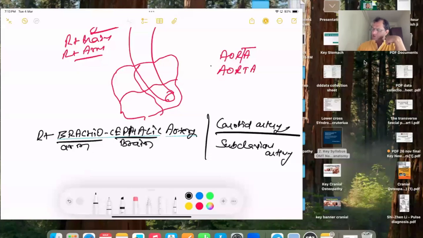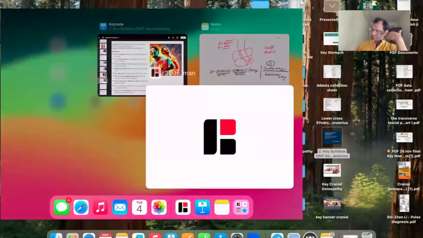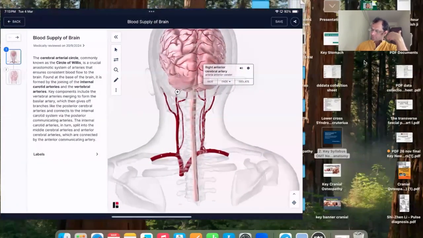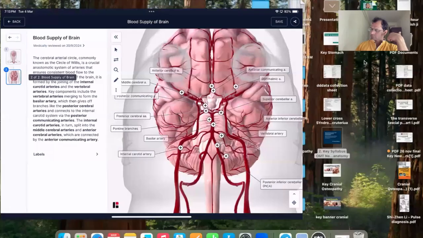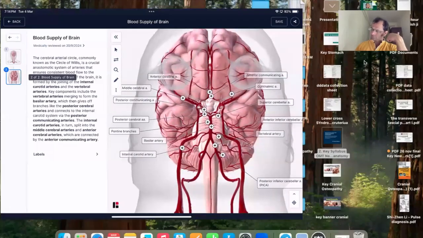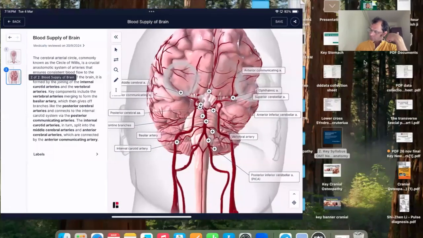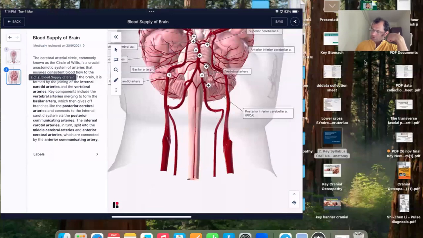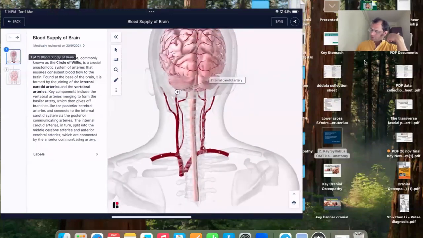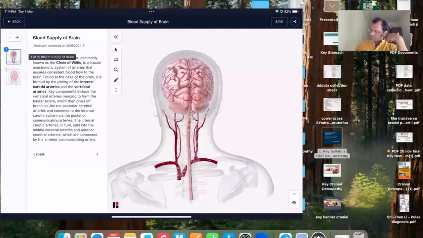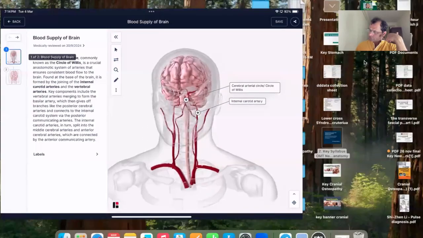Now I will show you the image again. Just imagine it very properly and make the diagram, then you will be able to memorize. Okay, let's see the diagram here. There are the two arteries.